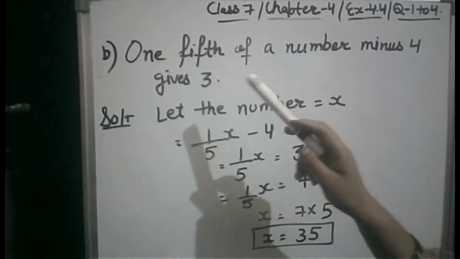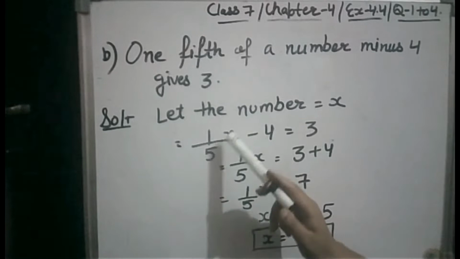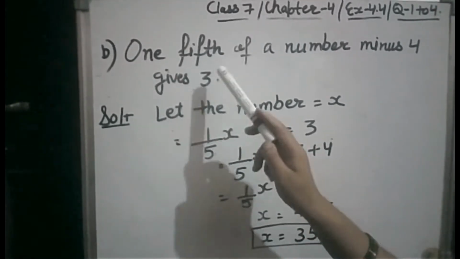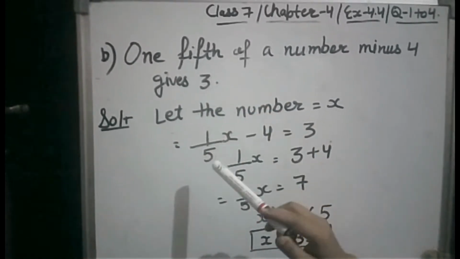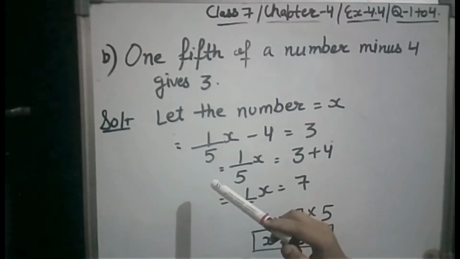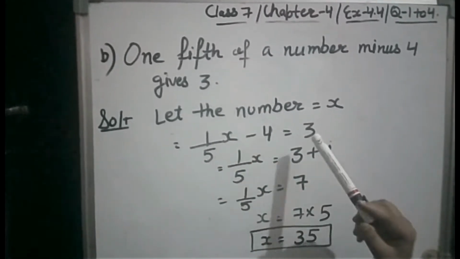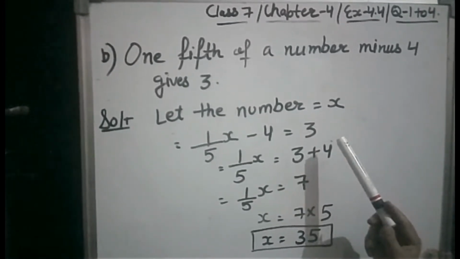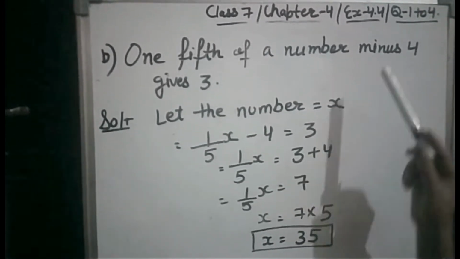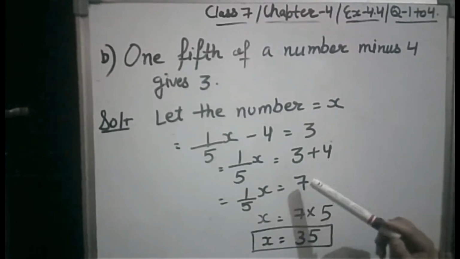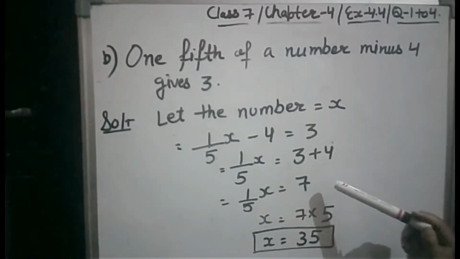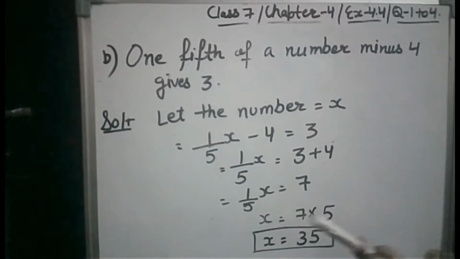And according to the condition, 1/5 means 1/5 of x. I told you the 'th' part means it is in the fraction part. Fine. So 1/5 of a number minus 4 gives 3. Easily we made this equation from the statement, and now we solve for the unknown variable.